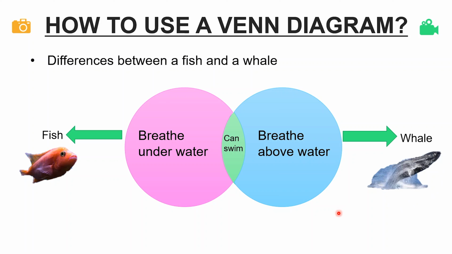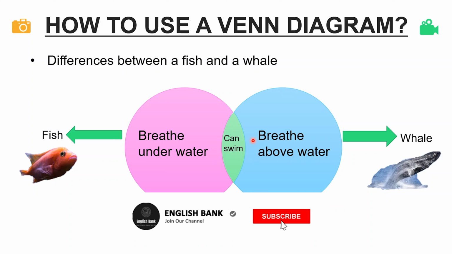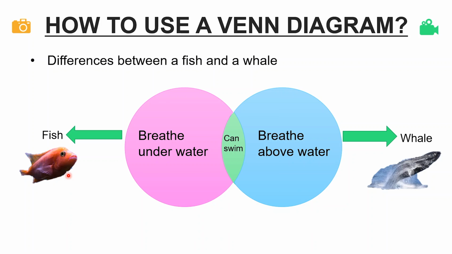First, we take the similarities. The similarities between a fish and a whale appear where the circles overlap. They are alike because they both can swim. Next, we'll take the differences. Only fish can breathe underwater.